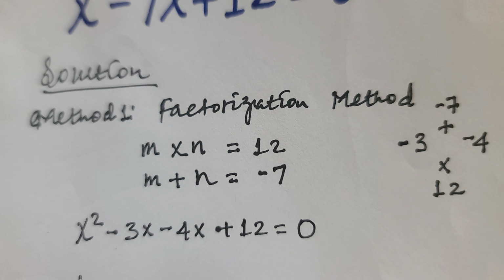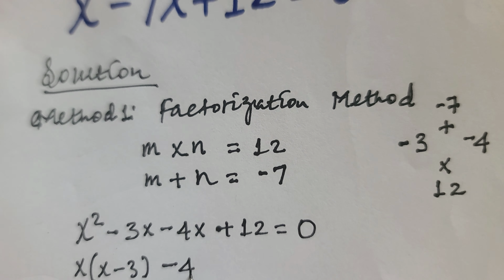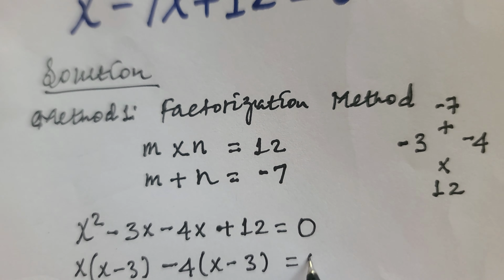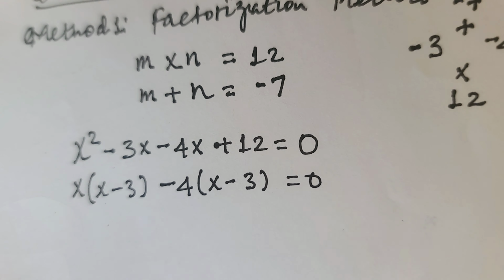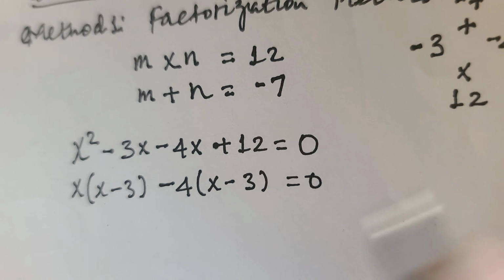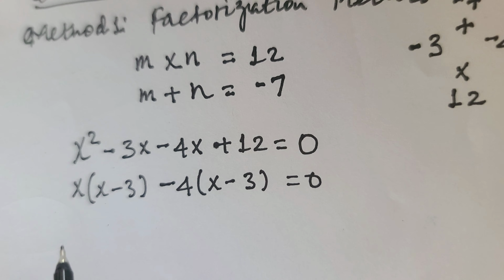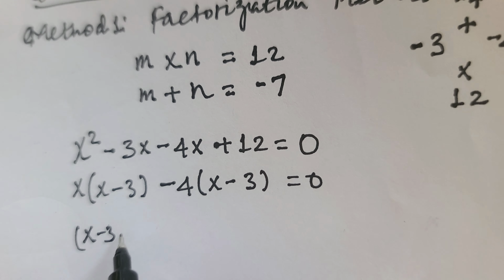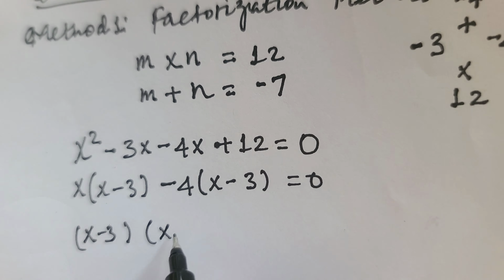Now we can take x as a common factor for the first two terms, that is x times x minus 3, and take minus 4 as a common factor for the second two terms, that is minus 4 times x minus 3. Therefore, we can take x minus 3 common, and here is x minus 4.